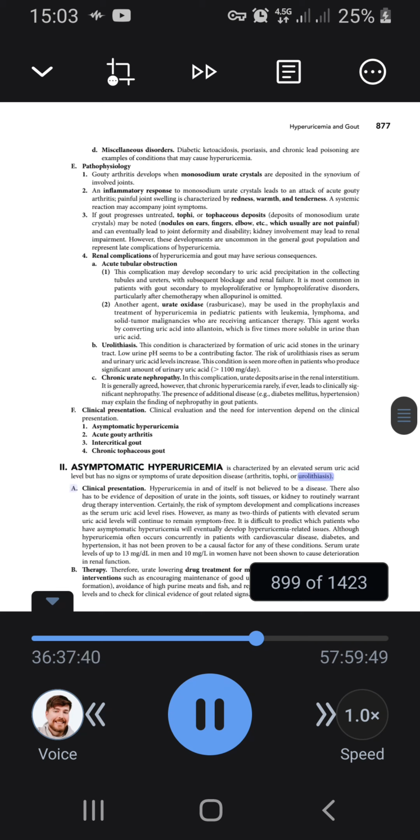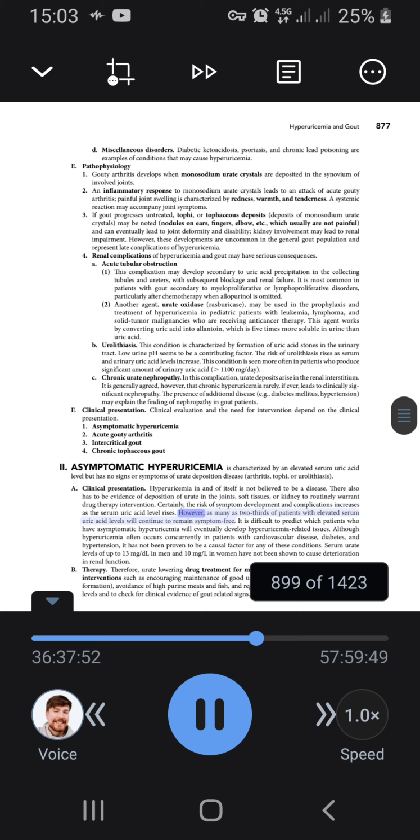A. Clinical presentation. Hyperuricemia in and of itself is not believed to be a disease. There also has to be evidence of deposition of urate in the joints, soft tissues, or kidney to routinely warrant drug therapy intervention. Certainly, the risk of symptom development and complications increases as the serum uric acid level rises.